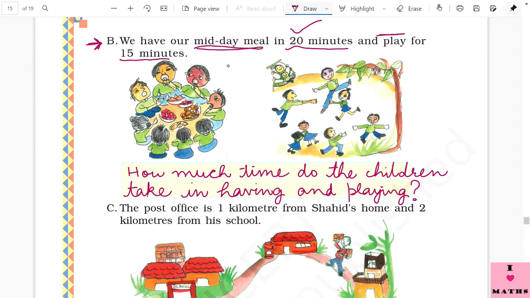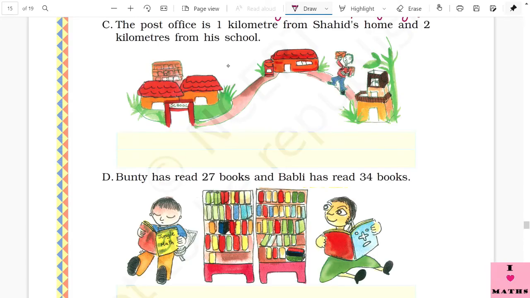Or we can also say that what is the duration of break time of the children, because in the break time they eat midday meal and they play also in the break time. So we can have the question that way also. So children, this is the question. So for framing the question, you need to know your language and then you can easily frame the question.